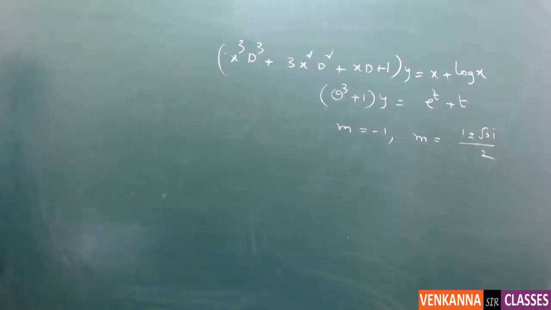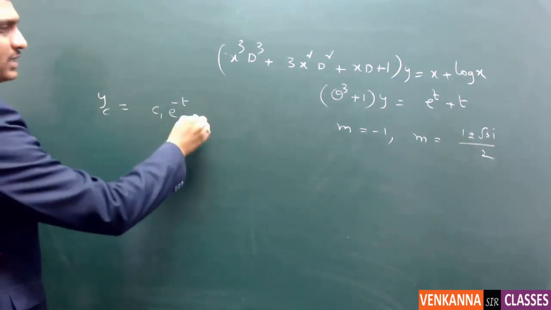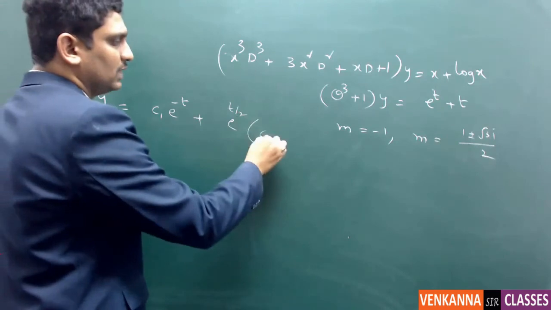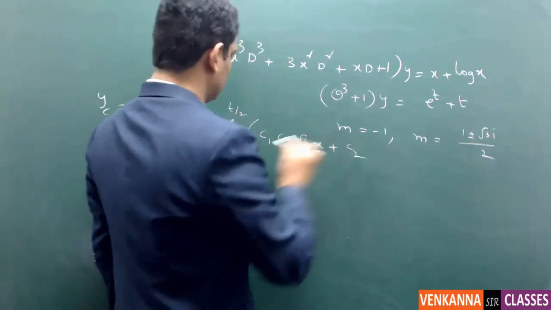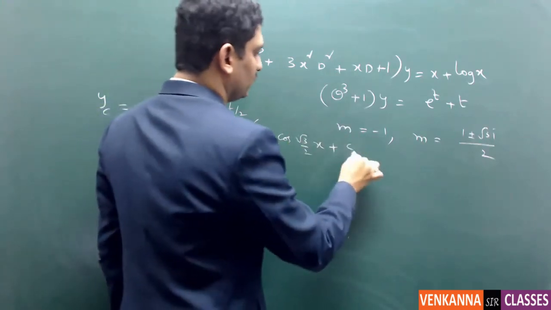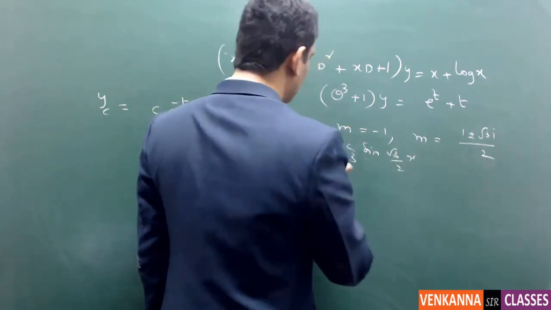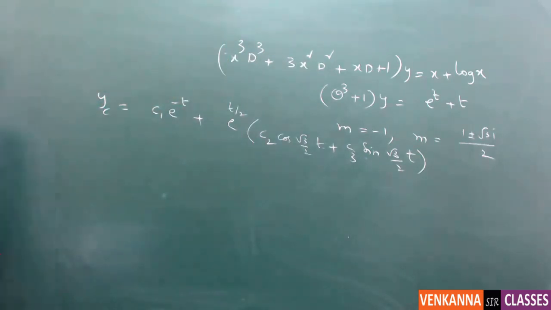So the complementary function is given by yc is equal to c1 e power minus t plus e power t by 2 of (c2 cos root 3 by 2 t plus c3 sine root 3 by 2 t). I mean t we have to take here, since the differential is t here. All of you agree with the yc value.